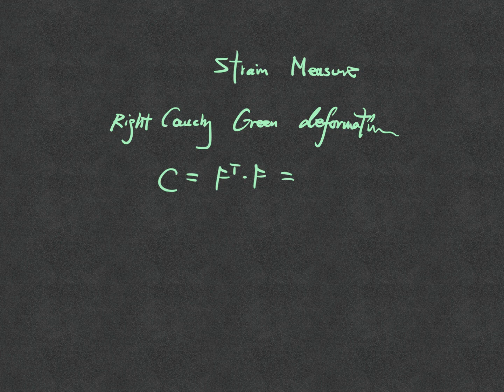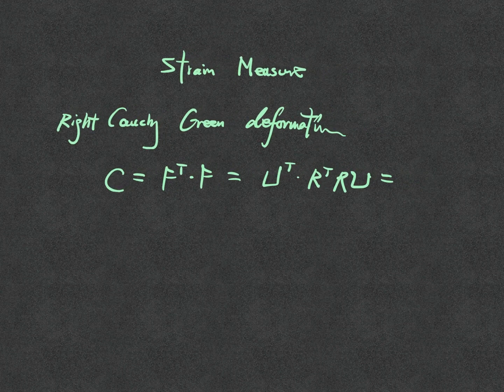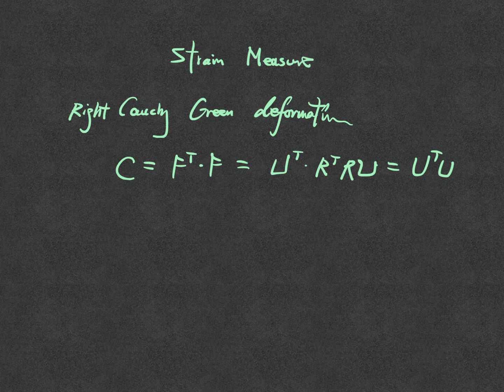It's actually called right Cauchy-Green tensor in the sense that if I do the polar decomposition, I will get this. Or sometimes I will write U out. It's called right Cauchy-Green tensor because this corresponds to the right stretch.